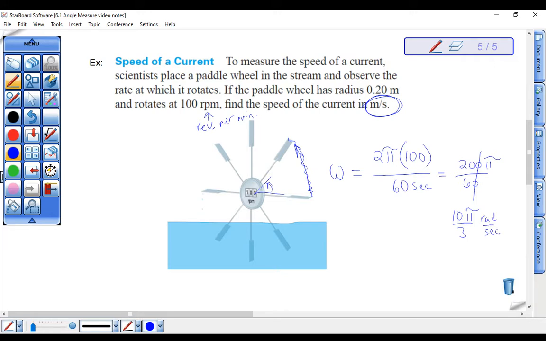That's how fast our angular speed is. Our omega is 10 pi over 3 radians per second. So that's how quickly we're going around the circle.